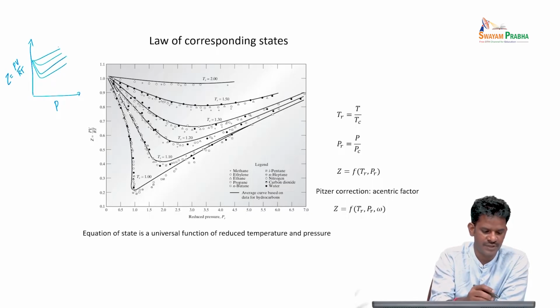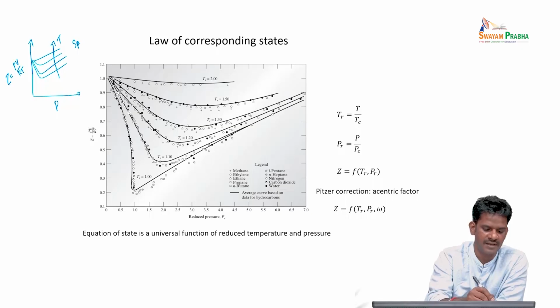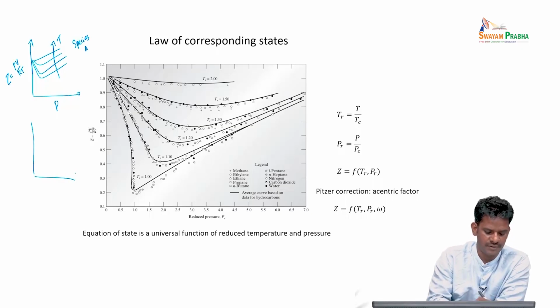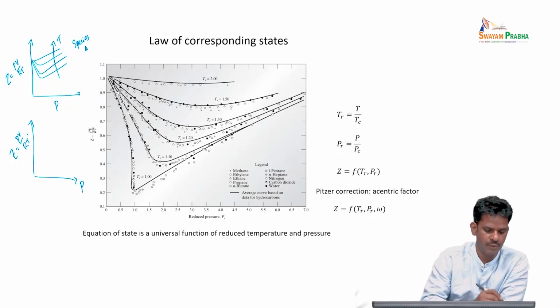Temperature increases in this direction. So this is for, let's say, species A. And then if I do the same thing for another species B, you will see another set of similar curves.